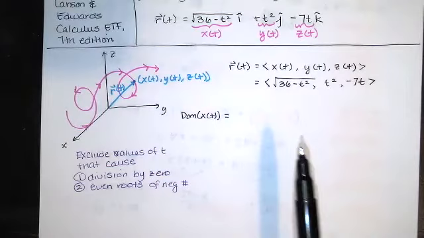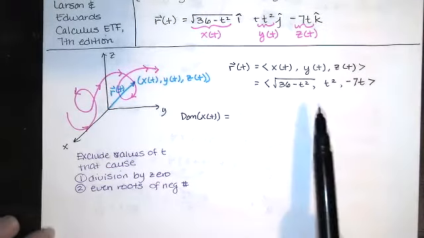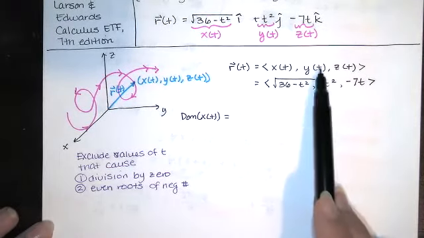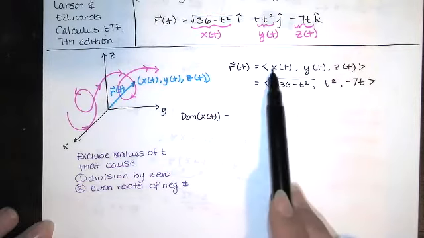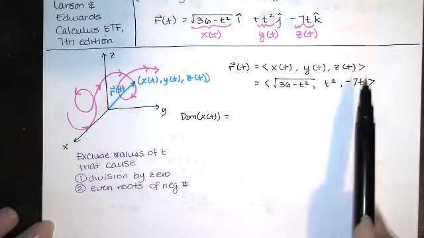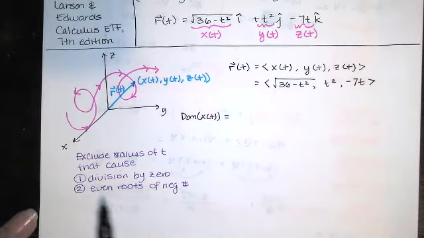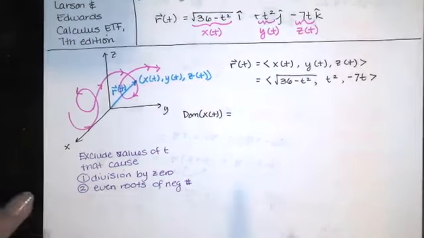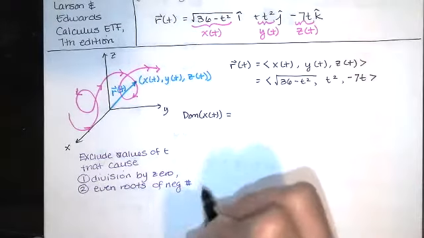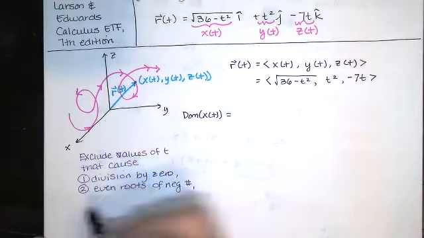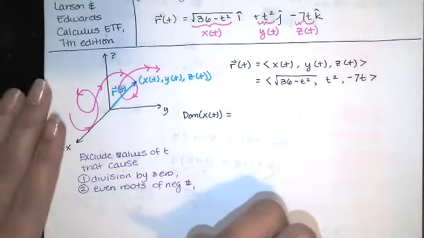And that would be fine if the output were supposed to be complex, but these are supposed to be real outputs. That's a real number x of t, and a real number y of t, and a real number z of t. So we can't take even roots of negative numbers if we want real numbers to come out of this. And lastly, we can't take the logarithm of a negative number or 0.